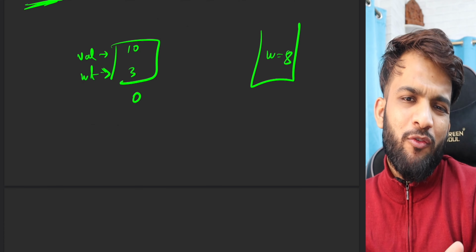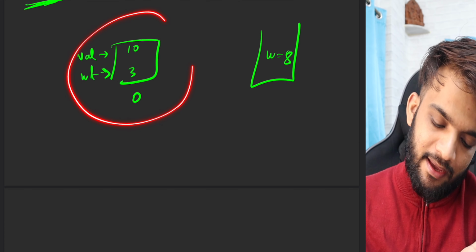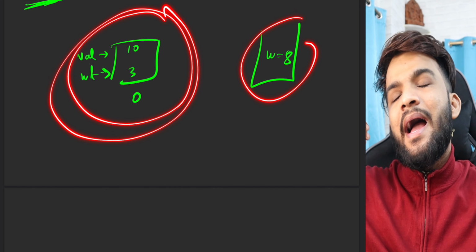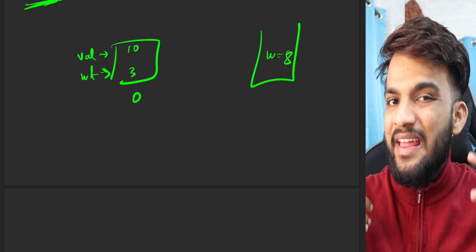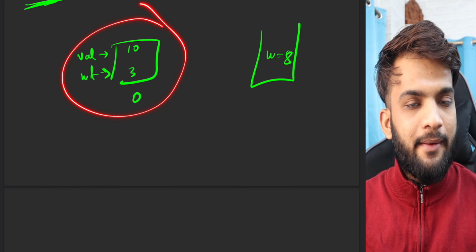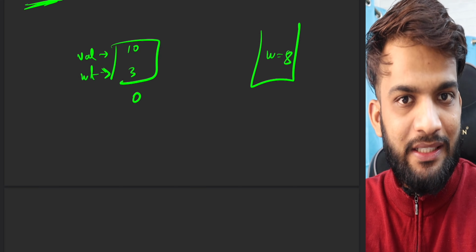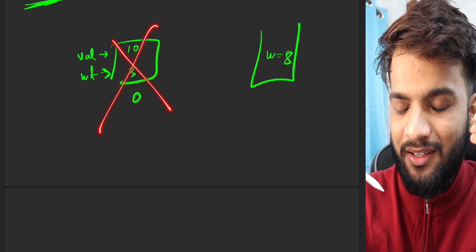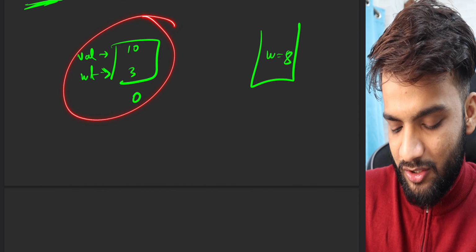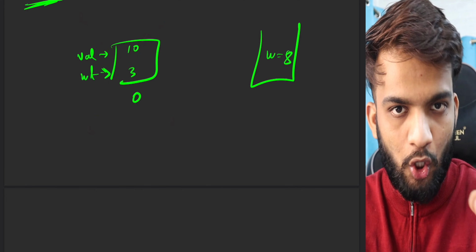Because he will obviously steal. There is only one item left and he still has a baggage weight of 8. So it's very obvious that he's going to steal this guy. Why will he not steal? Logically, he will always steal it, because this is the last item. If he does not steal it, it will be his loss.